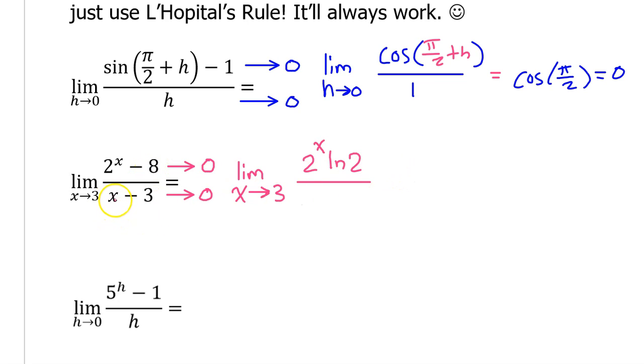The derivative of x is 1. And the derivative of 3 is 0. So that's it. We can evaluate this limit by direct substitution. Plugging the 3 in for x gives us 2 to the third power times the natural log of 2. This is exactly what we got the first time.